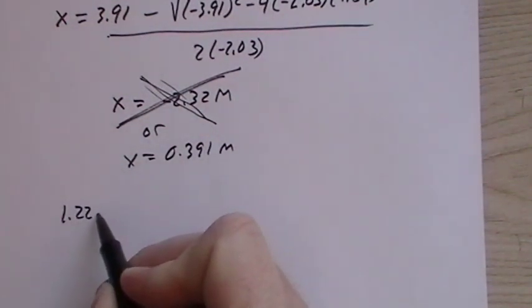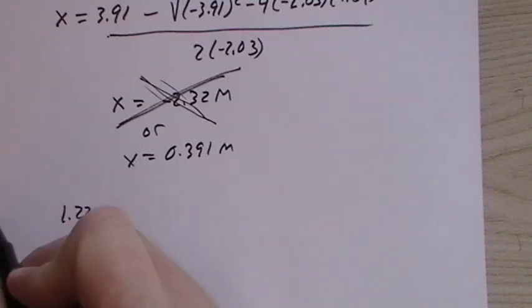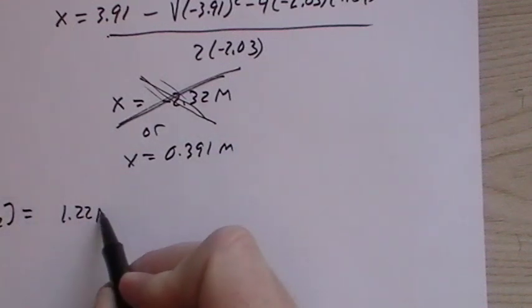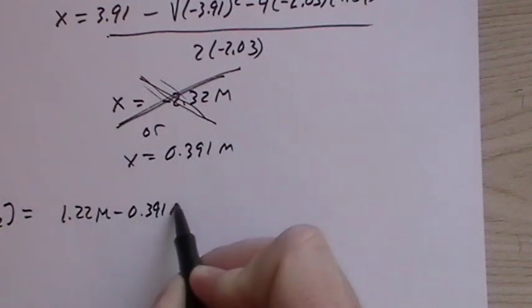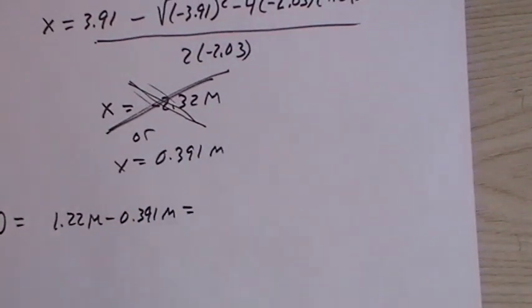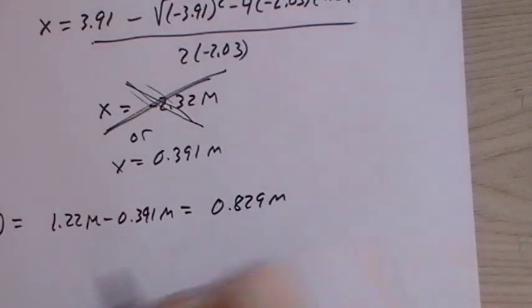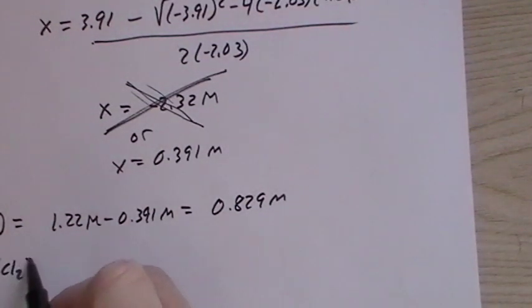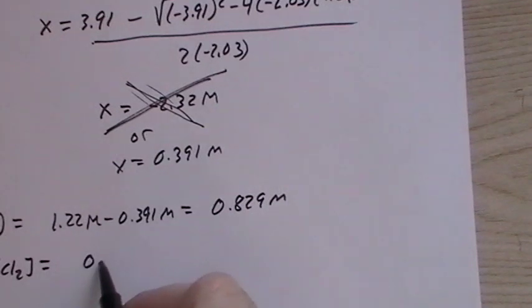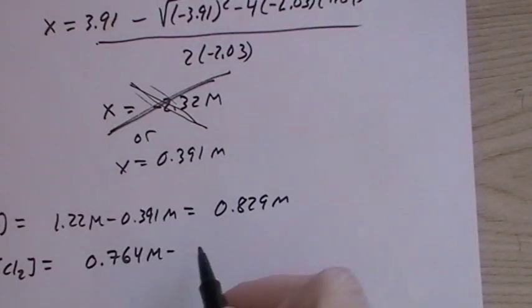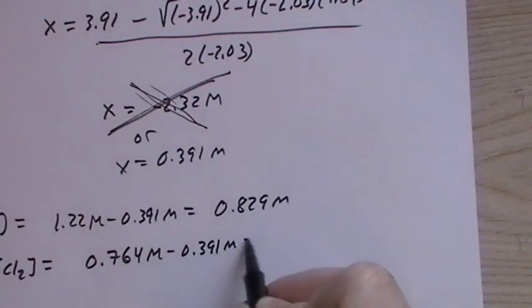So the concentration of fluorine, 1.2 minus 0. And we get, oh, I guess I'm just going to have to do this out because I've lost my notes. That's fine. I'm not going to faint or anything just because I've done that. I got through the tougher stuff more quickly, and that was all I needed.